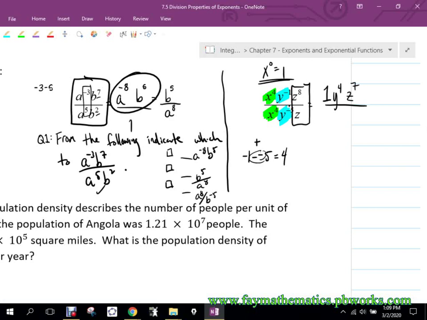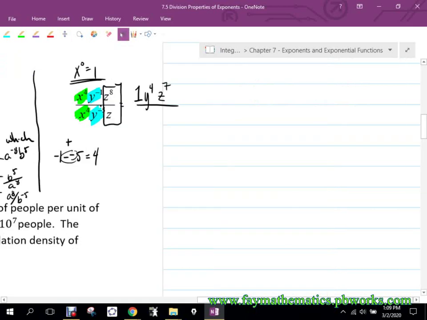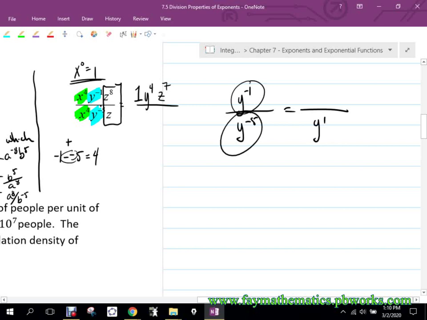Does that make sense? Now, an alternative way, and maybe this kind of validates that. If I had y to the -1 over y to the -5th, could I rewrite that? Could I take this one and put it down here, and take this one and put it up there?